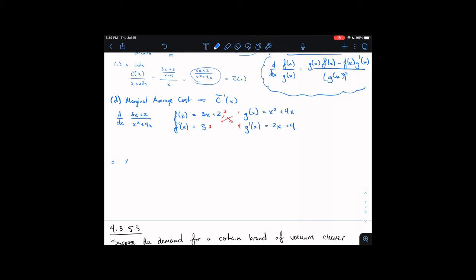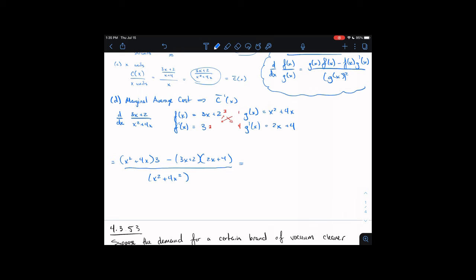So we'll go x squared plus 4x times 3, minus 3x plus 2 times 2x plus 4. And then we square the bottom. The bottom is g of x, so this is x squared plus 4x squared.